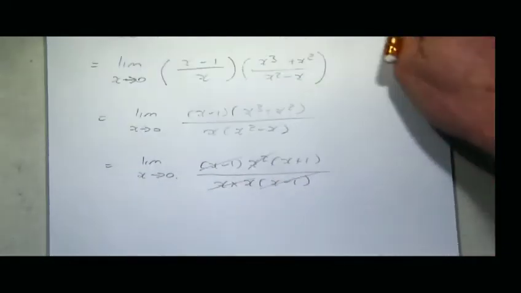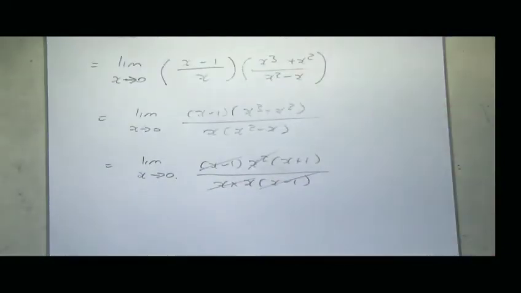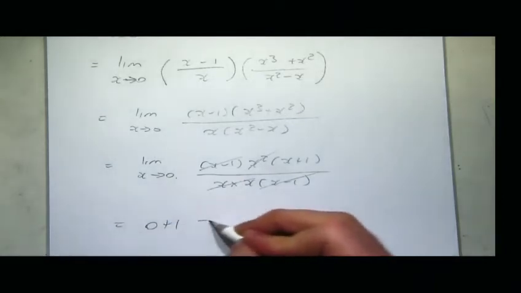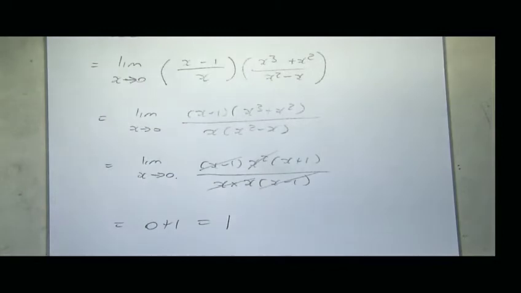And then this x squared cancels with those two x's, and this x minus 1 cancels with those x minus 1's. And now it's just x plus 1. And I can sub it in. Yay! I should have gotten 1. My answers have all been 1 so far. Please don't take that as the general answer.